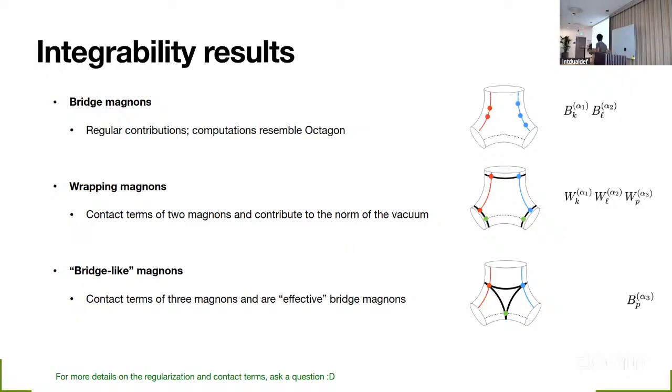So this is just a simple setup to be able to understand how to regularize these integrals that appear and how to resum the result, what structure appears.